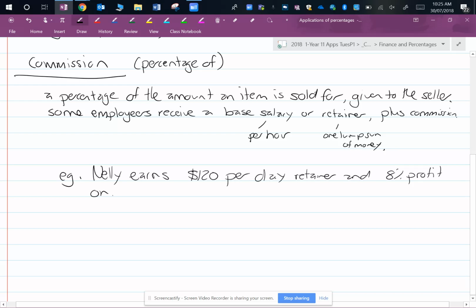If she sells $3,000 worth of goods on one day, how much does she earn?